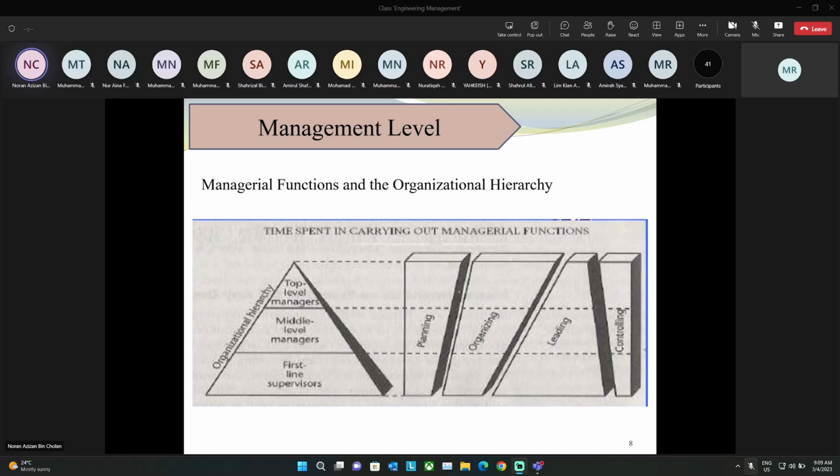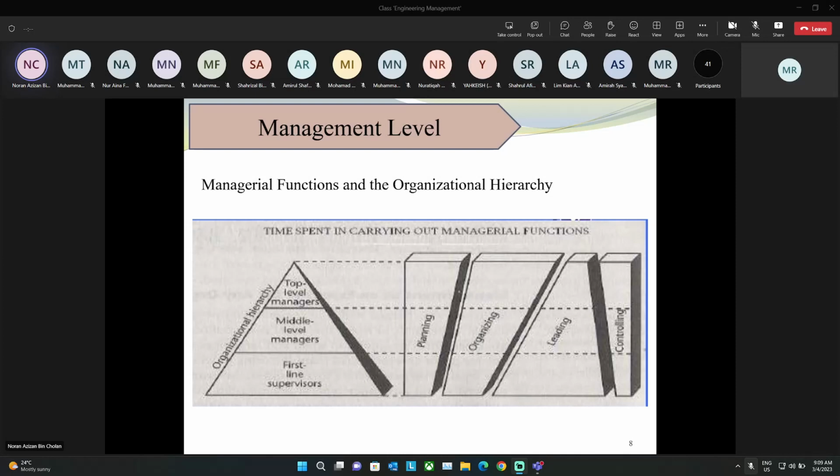What are the things? The first is planning. Second is organizing. The third is leading, and the fourth is controlling. Okay. Next slide, it will explain the detail. What is planning? What is organizing, leading, and controlling?